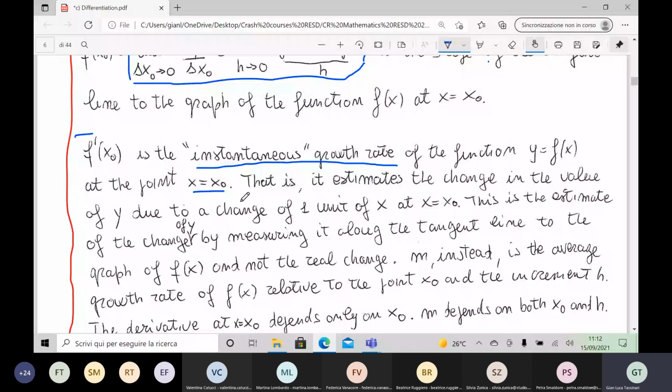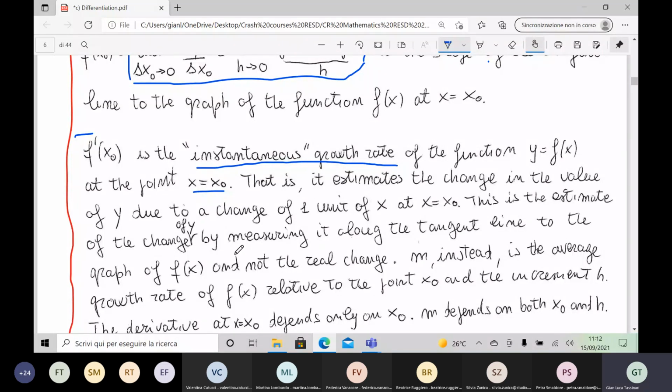But note, this is not the true change. This is the estimate of the change of y, obtained by measuring the change moving along the tangent line and not along the true graph of your function. I will show it then in another graph.